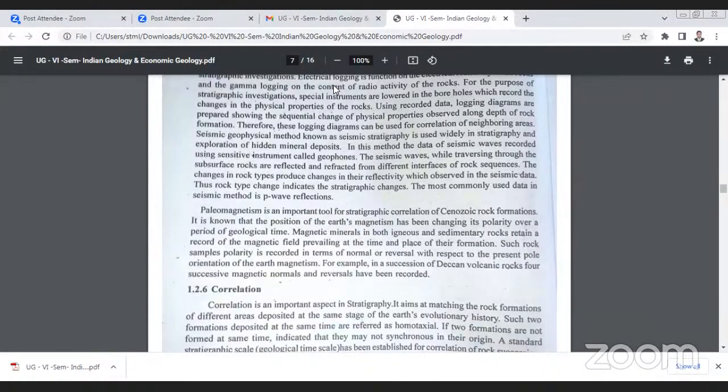In geology, it is known as the position of the earth's magnetism, which has been changing its polarity over a period of geological time.